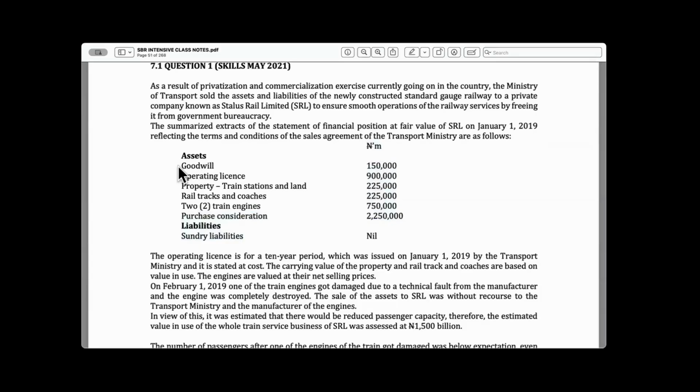They gave us goodwill, license, train station, rail tracks, and train engine. And we're told that the license has 10 years life.